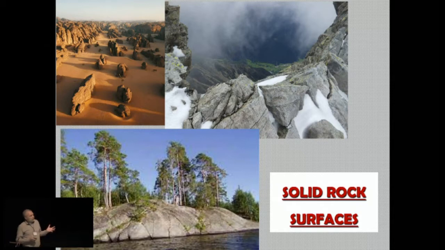However, there is a large class of objects formed on the surface of the lithosphere in contact with the climatic and biotic factors, which are solid rock surfaces. They are quite common, of course, especially in mountainous geosystems, but not only.